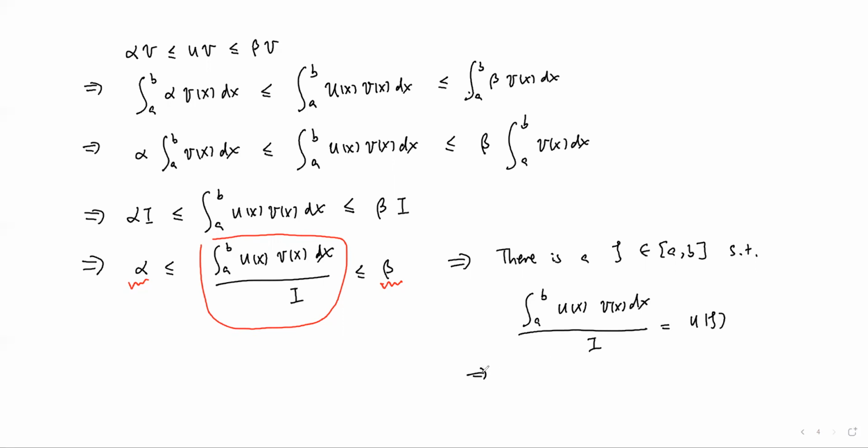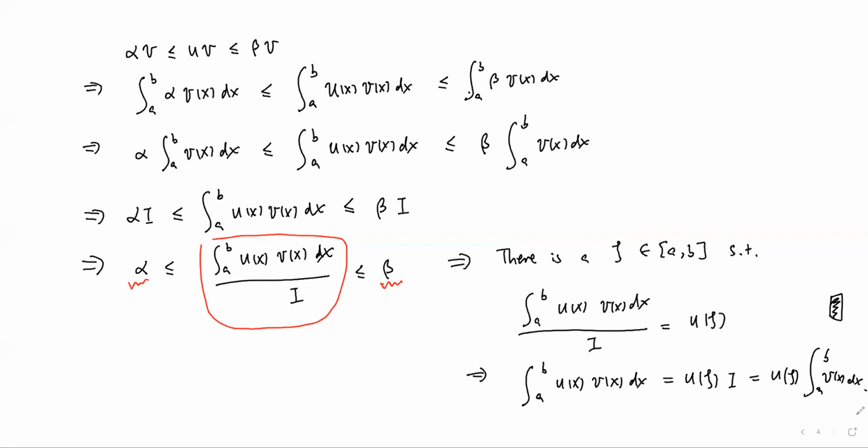Now, last step, move I to the right side. Then we prove the integral of UV equals U(psi) times I, where I is the integral from a to b of V. The proof is not difficult.